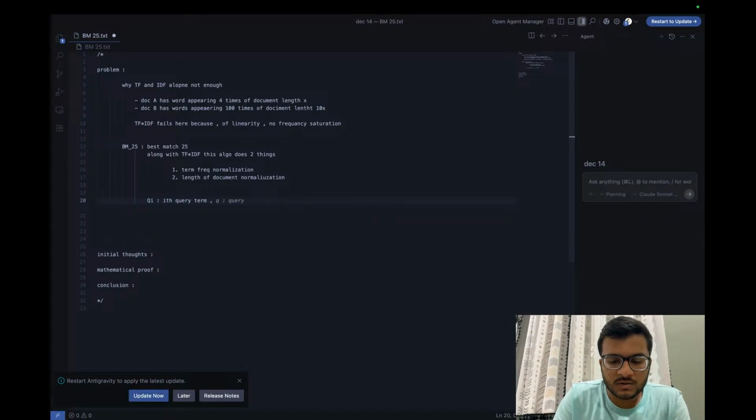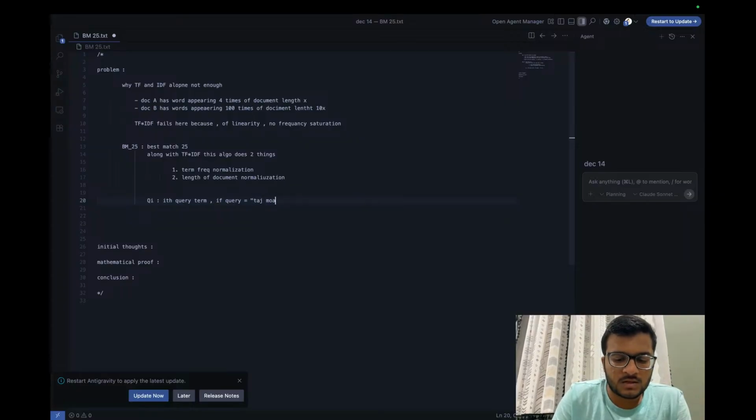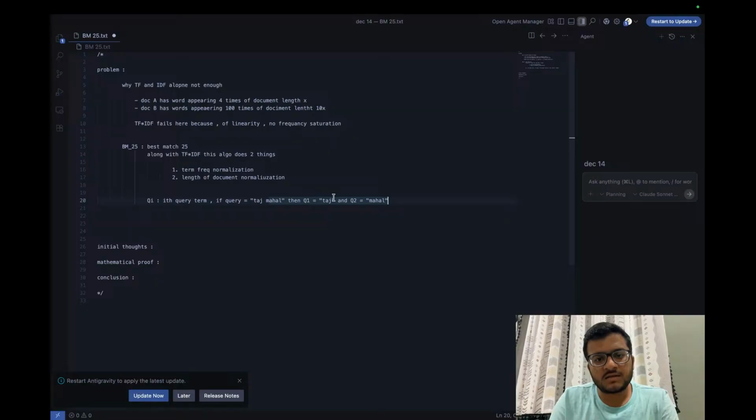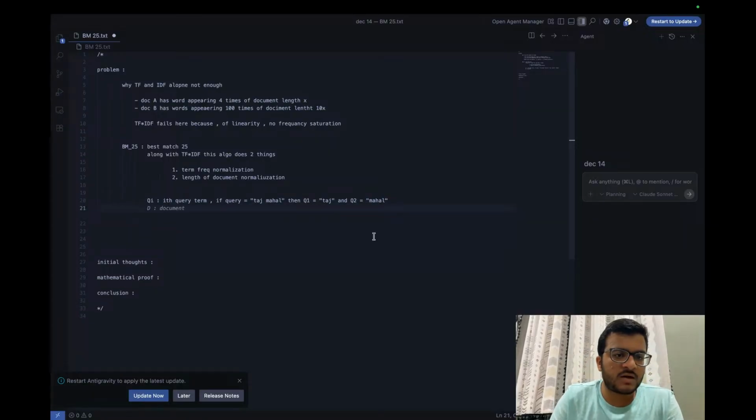So if the query is Taj Mahal, then the first query term is Taj and the second query term is Mahal. In a similar way, Qi is the ith query term. D is the document count.